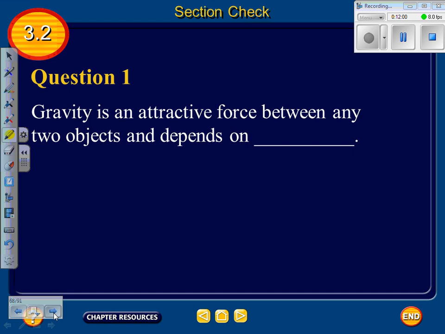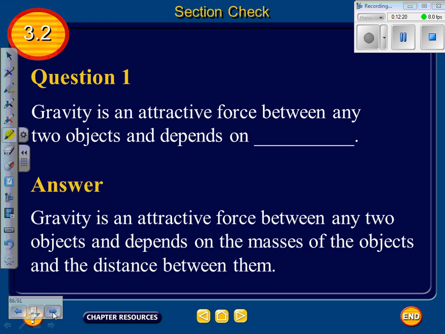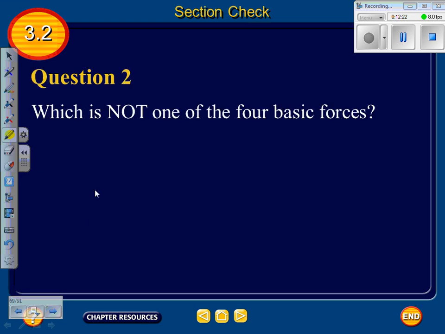This completes the lecture notes for section 2. Question number 1, and again, answer the questions and submit your answers on your MyBigCampus site where it says post assignment here. Question 1. Gravity is an attractive force between any two objects and depends on what? Question 2.